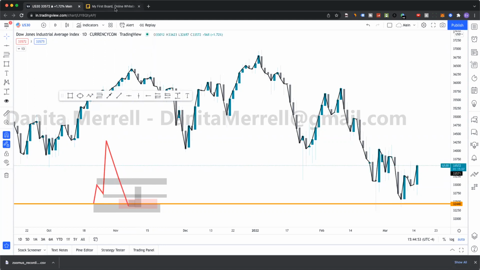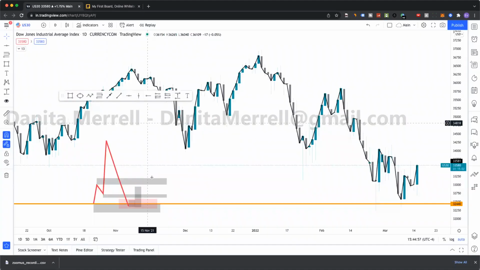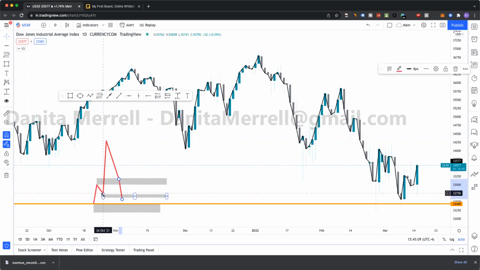Okay. Now, let's say instead of price rejecting, let's say it breaks out. So at this point here, let me raise this a bit.